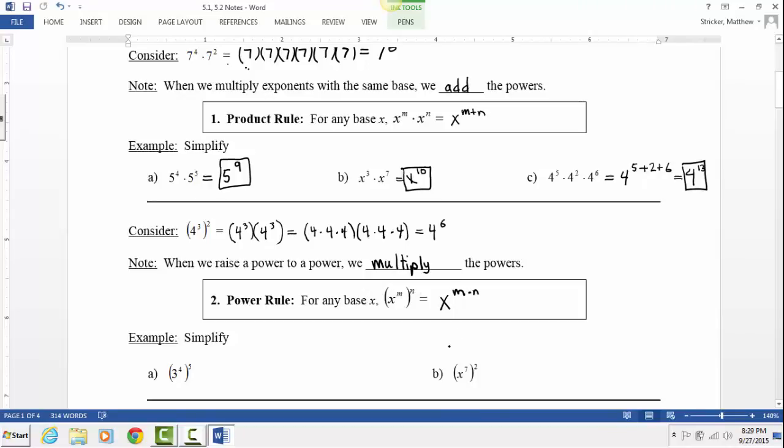You multiply the two powers. We have a couple examples here. So this first one would be 3 to the 4 times 5, and 4 times 5 is 20, so this is 3 to the 20th power. Next one, we raise a power to a power. We multiply them, so this is x to the 14th power.